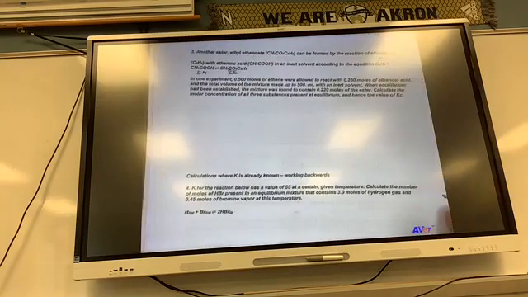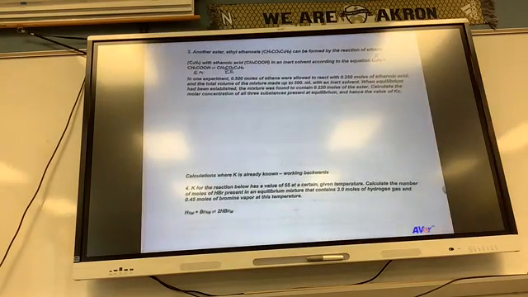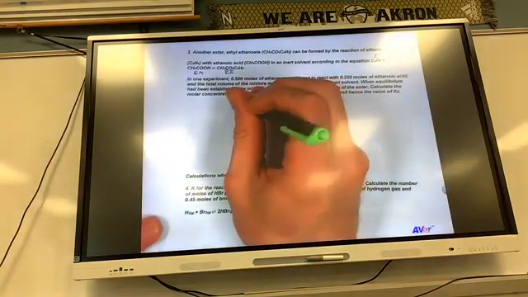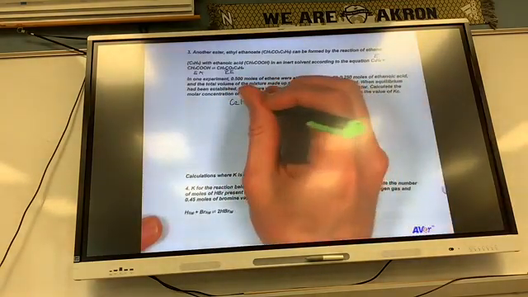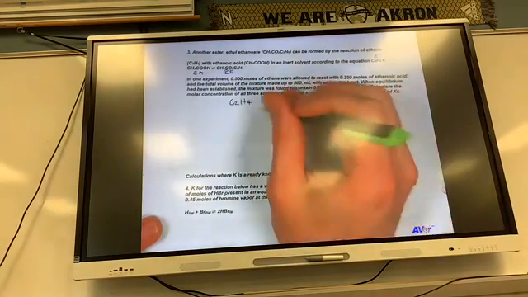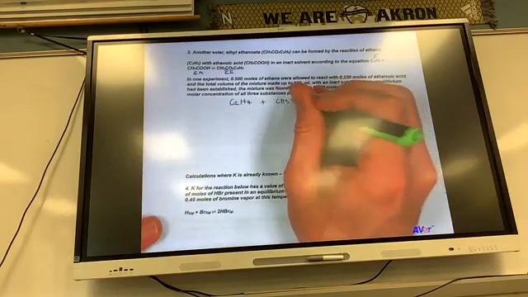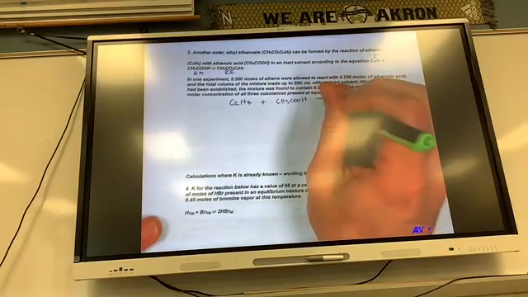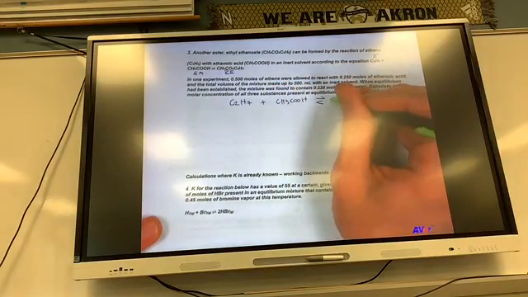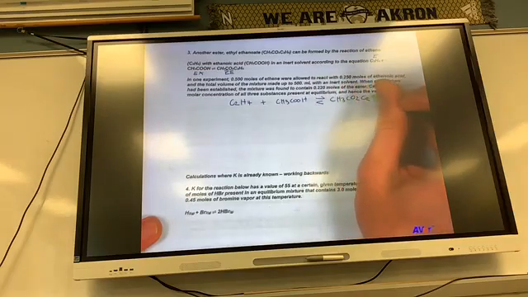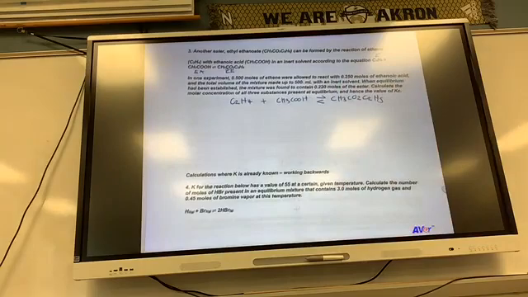Step 1 is write the reaction. So we're going to rewrite our reaction. So I'm going to have C2H4 plus CH3COOH is in equilibrium with CH3CO2C2H5.